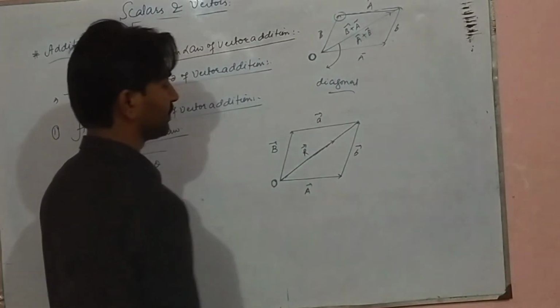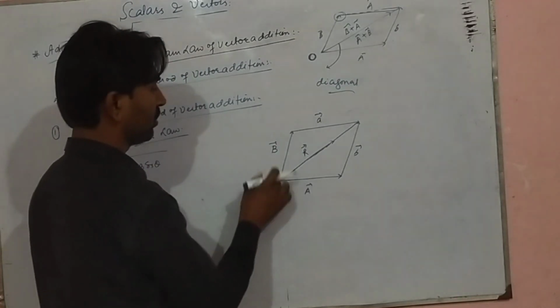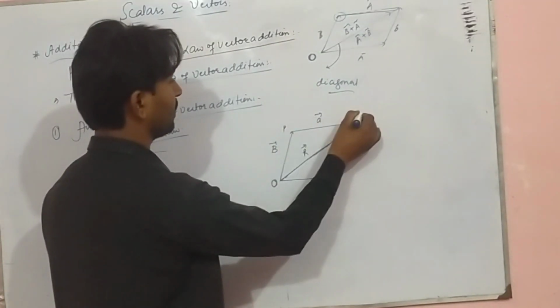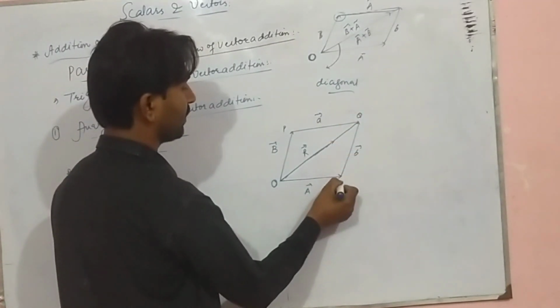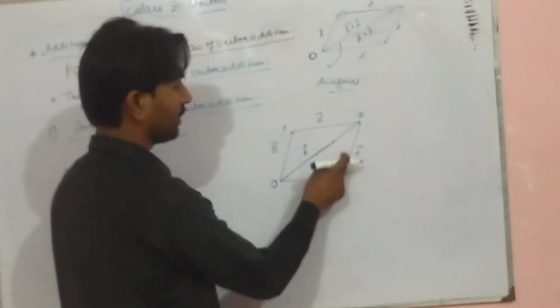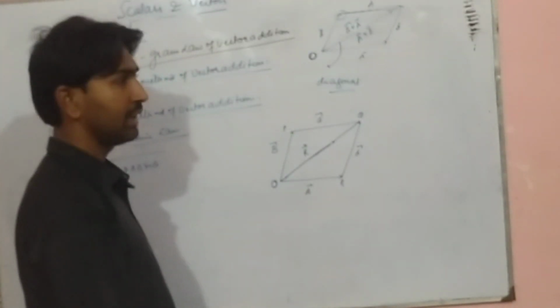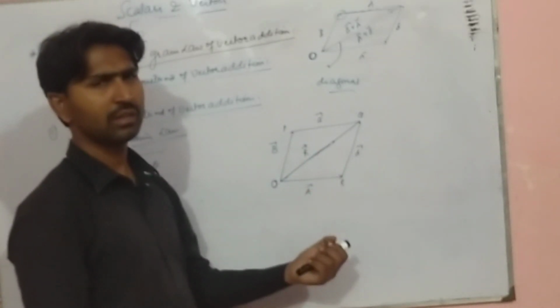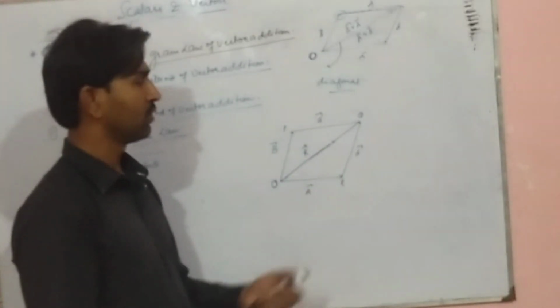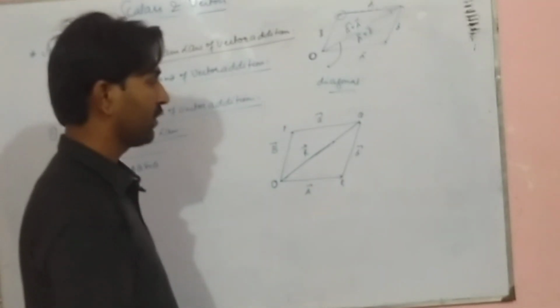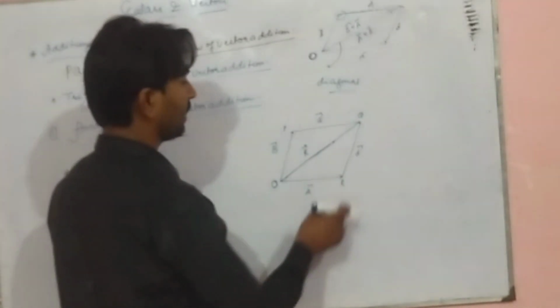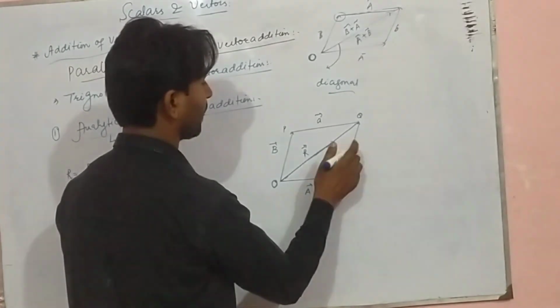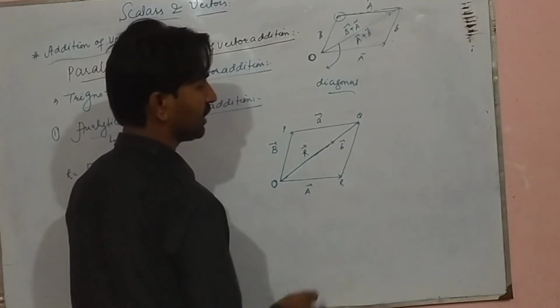This is R. Let's say this is O, this is P, this is Q, this is R. This vector B is not along the x-axis or the y-axis, so it is two-dimensional. If it is two-dimensional, then we can resolve it into components.